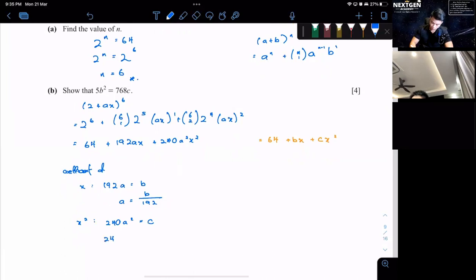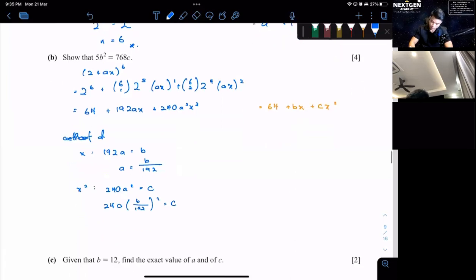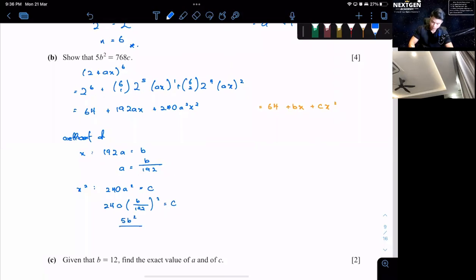So here will be 240 times b over 192 squared equals to c. 240 divided by 192 squared will be 5 over 768 equals to c. Finally, you will give me 5b squared equals to 768c.